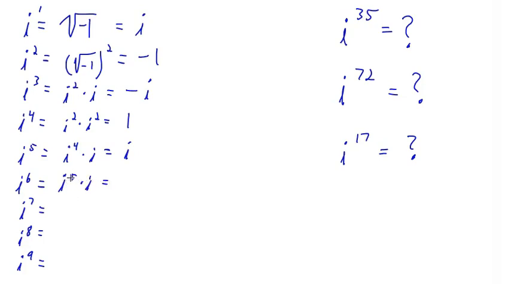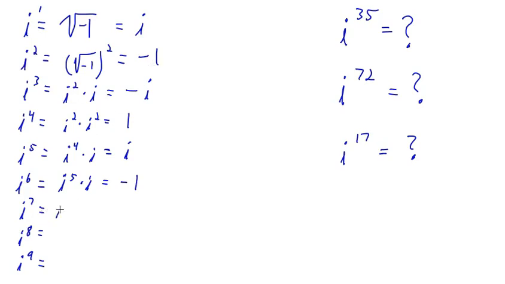Well, i to the fifth power is i, and then we have another i, so this is i times i, which is i squared. Well, i squared equals -1.